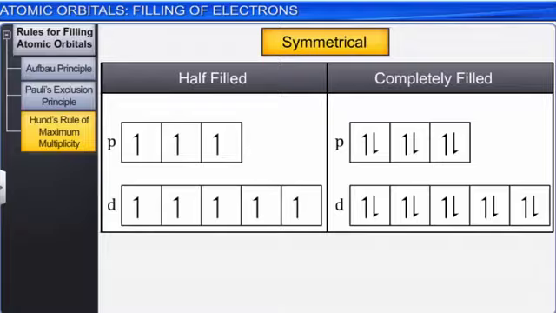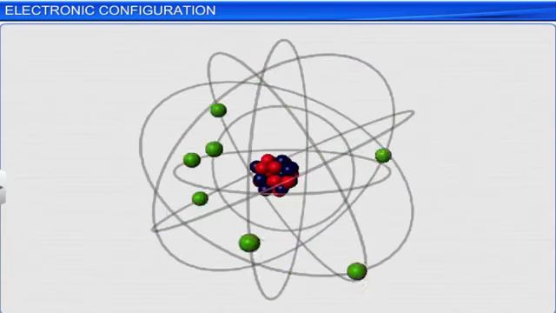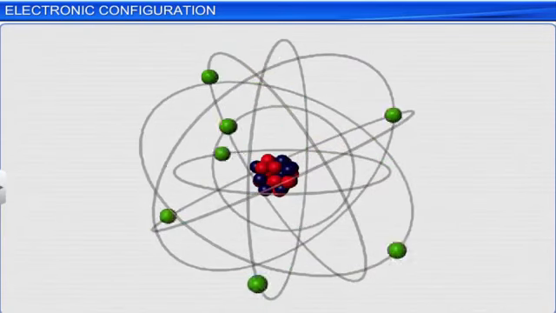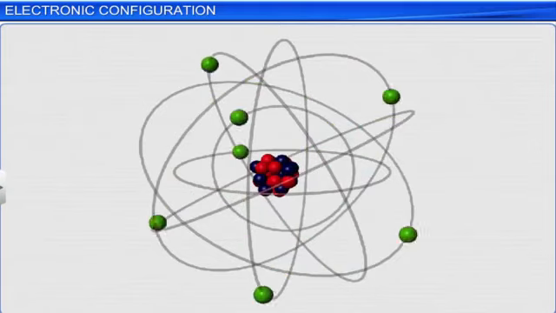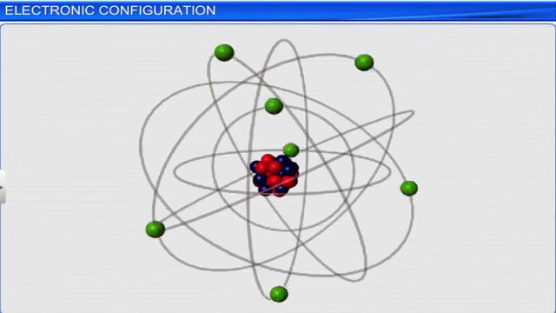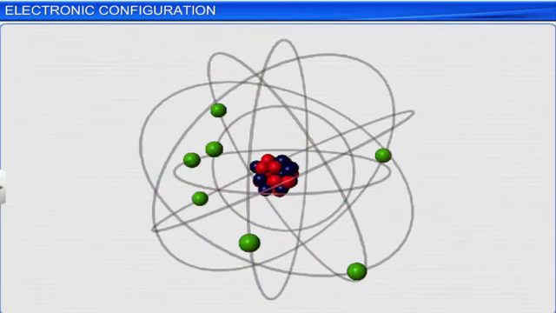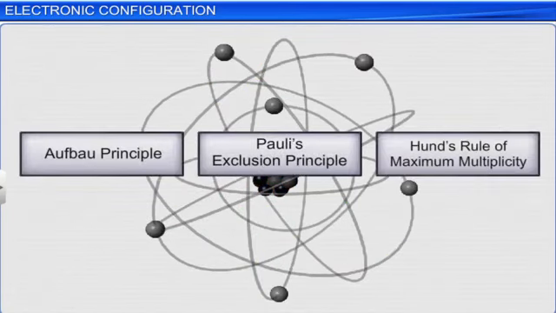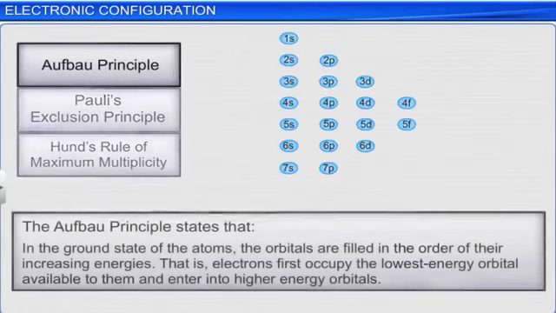We can define electronic configuration as the distribution of electrons into various orbitals of an atom. Before we begin to understand the electronic configuration of atoms, let's recap the 3 main principles that guide the filling of electrons into various orbitals in an atom. First is the Aufbau principle.